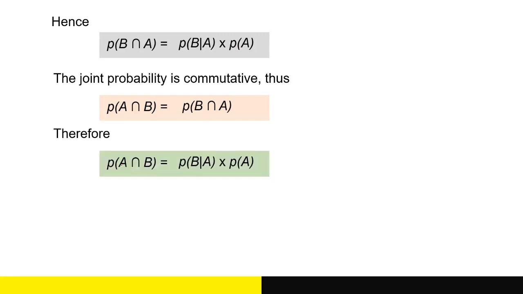Therefore, the probability of events A and B both occurring is equal to the probability of B given that event A has occurred multiplied by the probability of A.